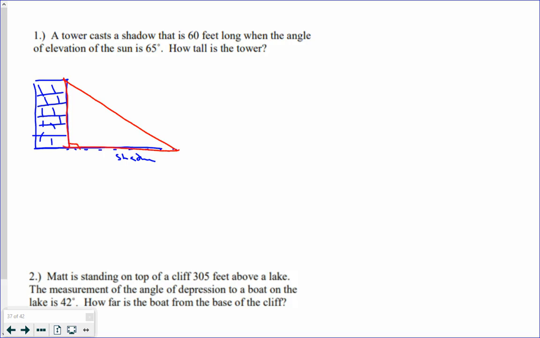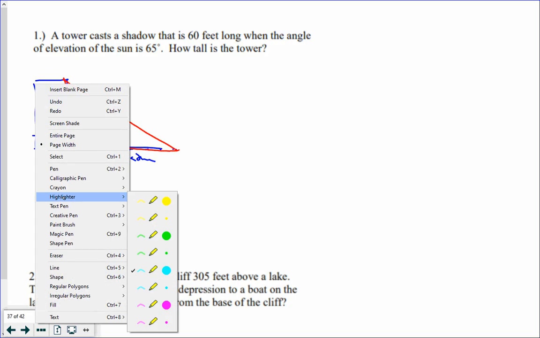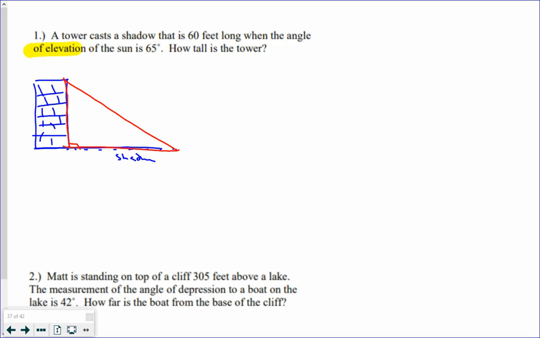We spent a fair bit of time talking about angles of elevation and angles of depression. Essentially, the angle of elevation is from a horizontal line up, and the angle of depression is from a horizontal line down. Now, angles of elevation and angles of depression are the exact same number. You can plunk them in either spot.